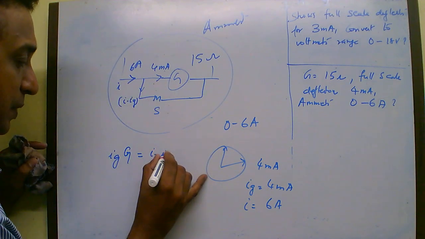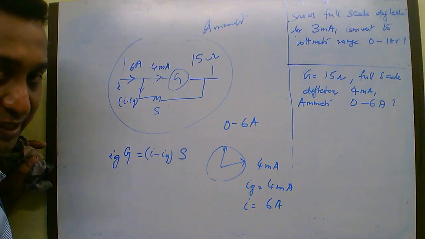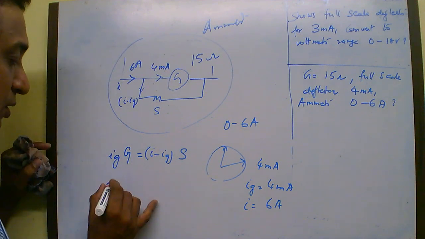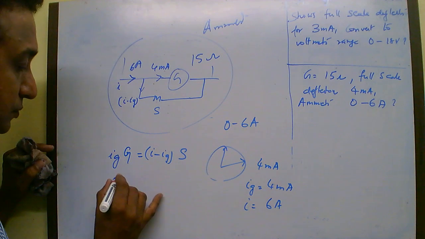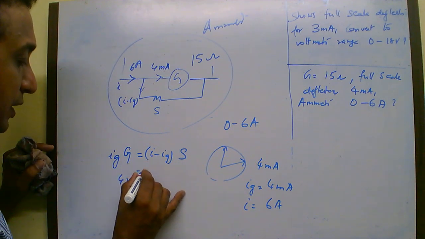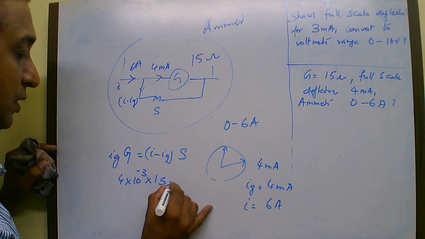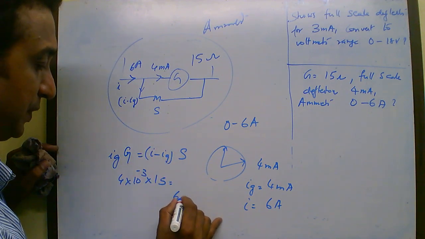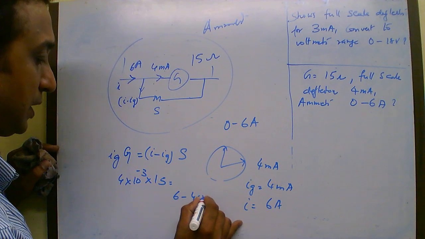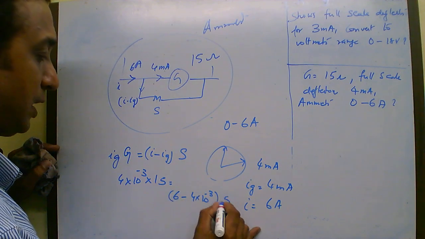So I can write I minus Ig times S. The S value is what I have to find out. So Ig is 4 milliampere, 4 into 10 raised to minus 3. The galvanometer's resistance is 15, equal to I, which is 6 amperes, minus 4 into 10 raised to minus 3, multiplied by S.